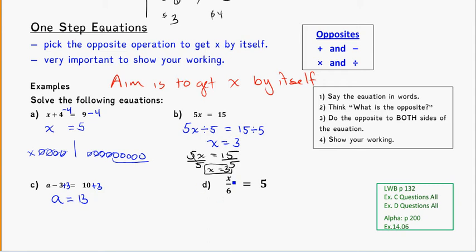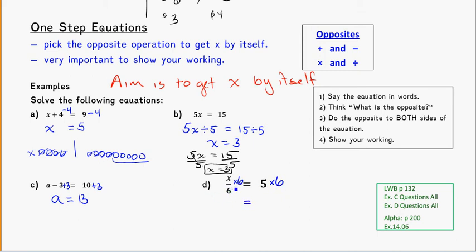Looking at the next example, in words again, sometimes it helps to figure that out. This is saying x over 6 is equal to 5. Well, x over 6 is the same thing as saying x divided by 6. So what's the opposite of dividing by 6? That's going to be timesing by 6. And I can show that by saying times by 6 on both sides of the equation.